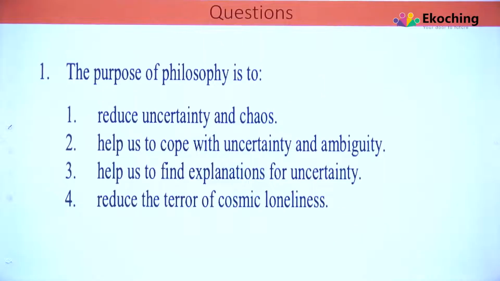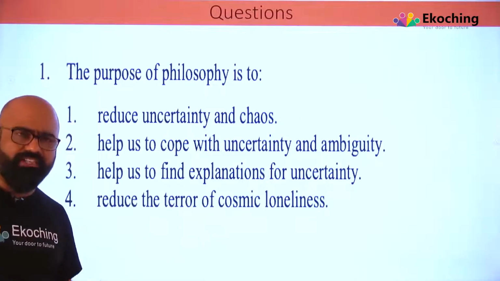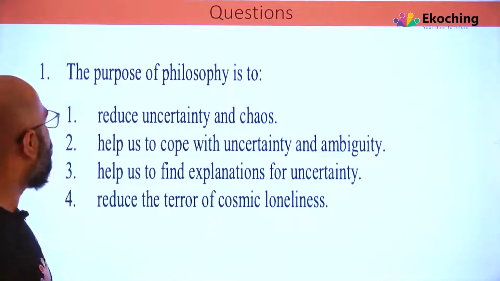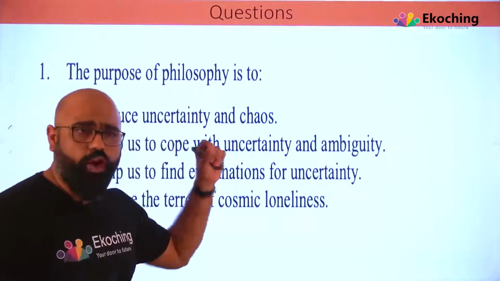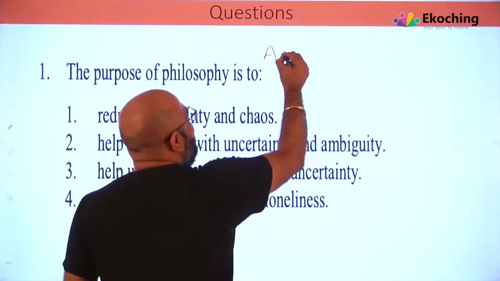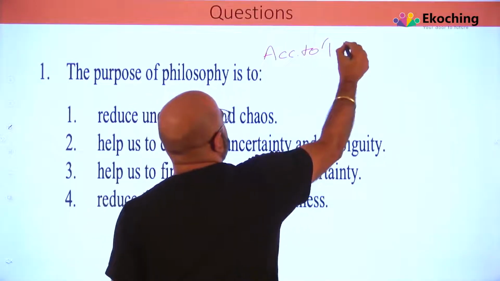Question number 1. The purpose of philosophy is to do what? I'm sure you must have marked the answer. Let's eliminate. We have talked about elimination a lot. The purpose of philosophy is to. Now the first thing, it should be according to the passage.